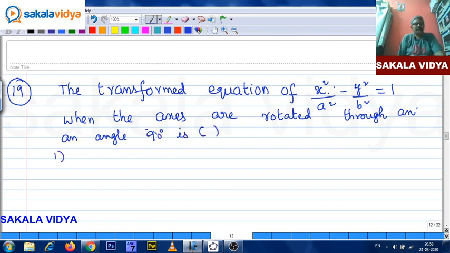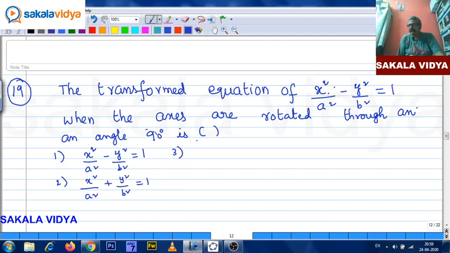First option x square by a square minus y square by b square is equal to 1. Second option x square by a square plus y square by b square is equal to 1.